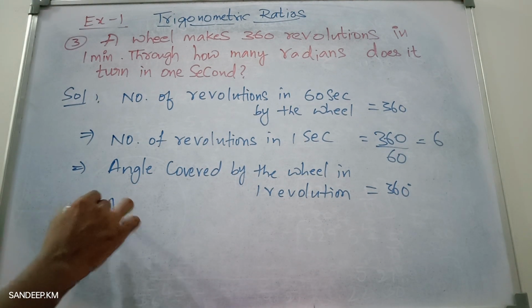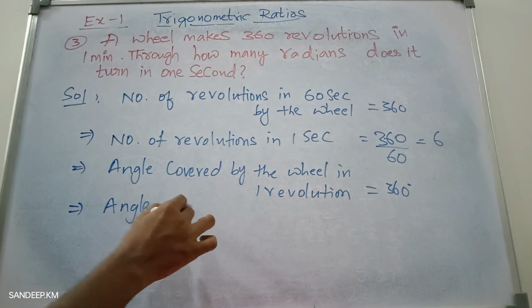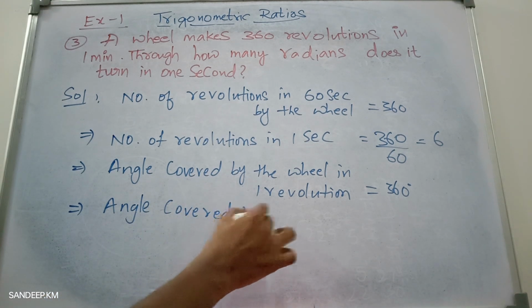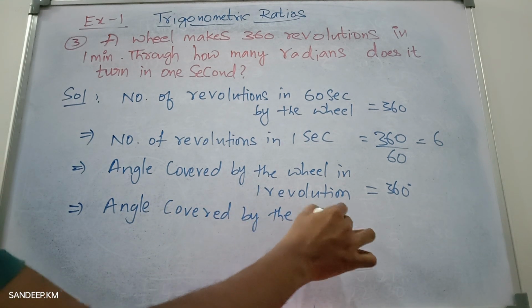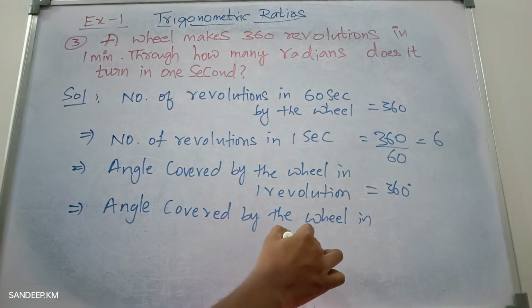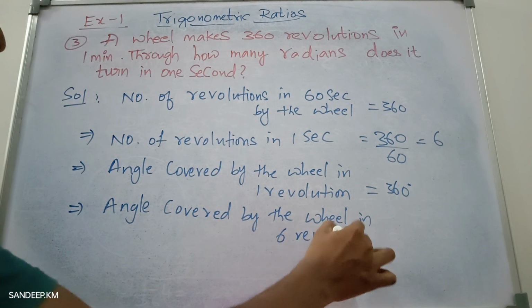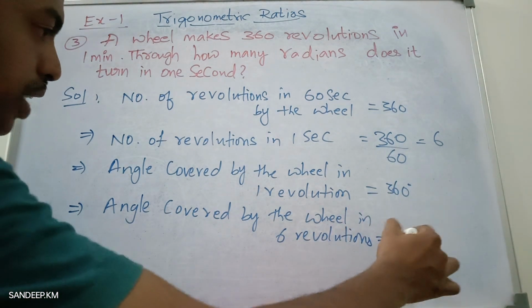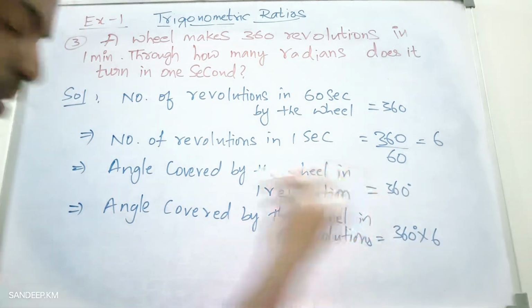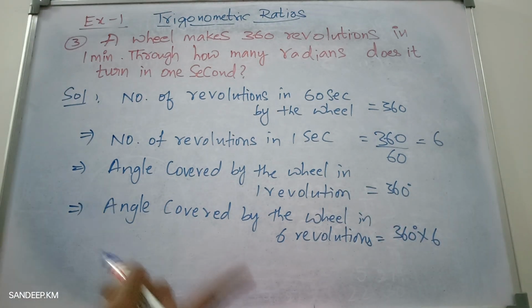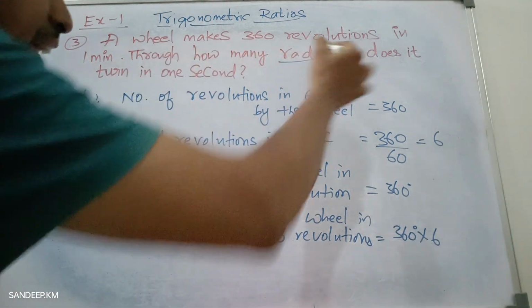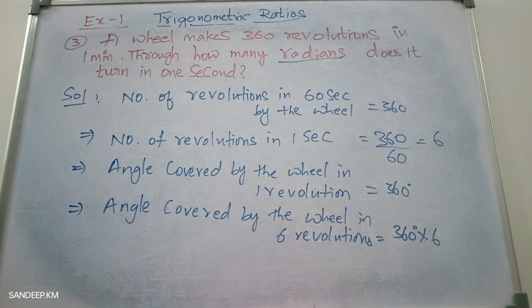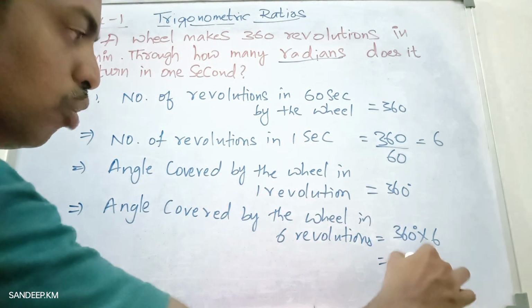That implies angle covered by the wheel in 6 revolutions is equal to how much? 360 degrees into 6. And they told us to find the angle in radians, not in degrees. And we know that the complete angle 360 degrees is 2 pi radians.